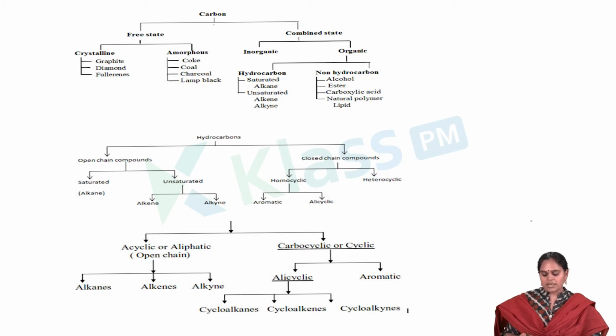Under this carbocyclic or cyclic, there are two main categories: alicyclic and aromatic. In the alicyclic, cycloalkanes and again cycloalkenes, cycloalkynes are also available. Cycle means here it will round the chain and in this, branches will come. General alkanes, alkenes and alkynes.